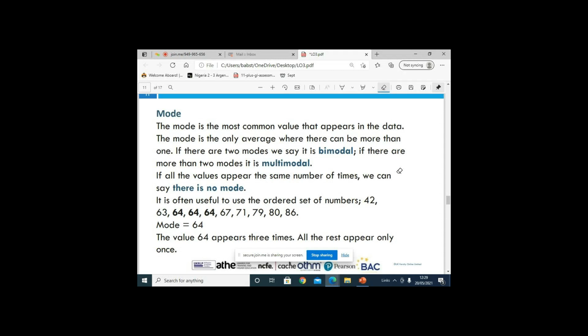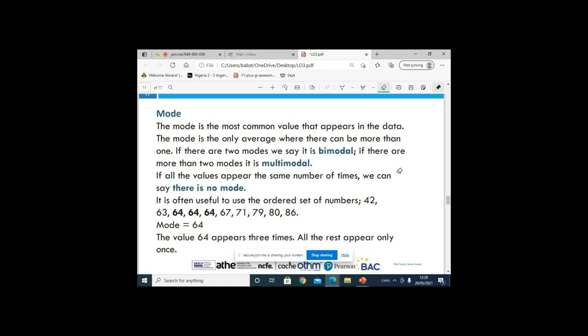When you have 2 modes, you say it's bimodal. If there are more than 2 modes, they call it multimodal. But if all values appear the same number of times, we say there is no mode.